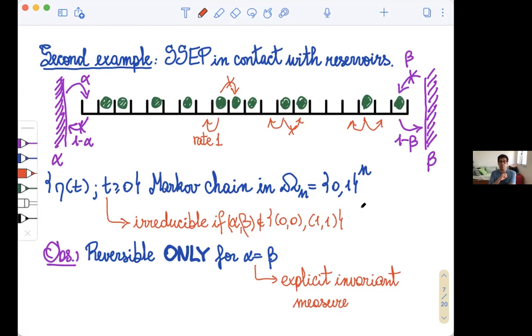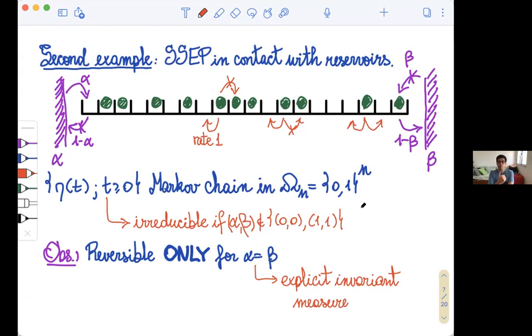In that particular case, you can compute the invariant measure explicitly. The invariant measure in this case is just a product of Bernoulli random variables. What does it mean? It means that if alpha is equal to beta, and you put particles independently at random at each site with probability alpha, then you obtain the invariant measure of this Markov chain.